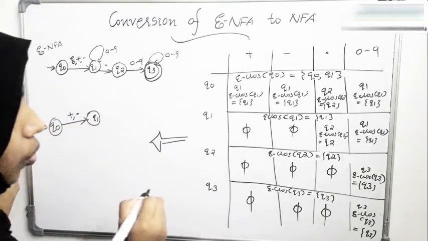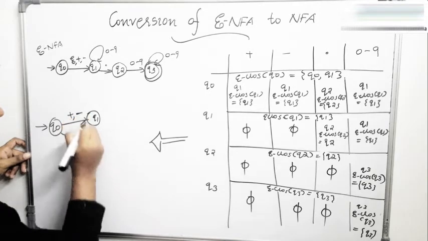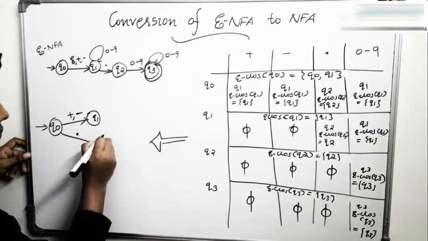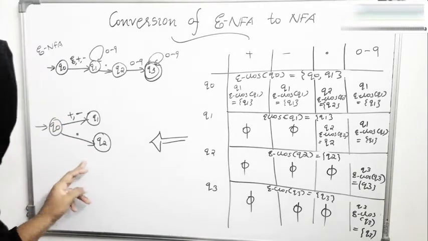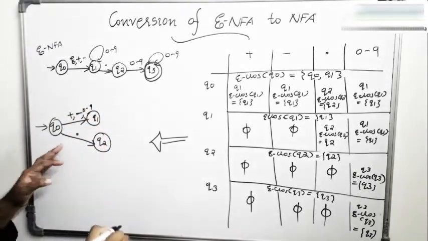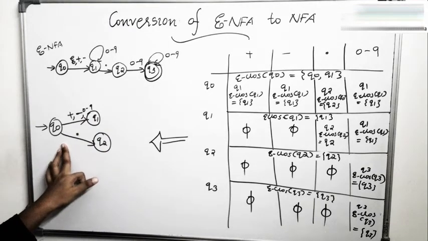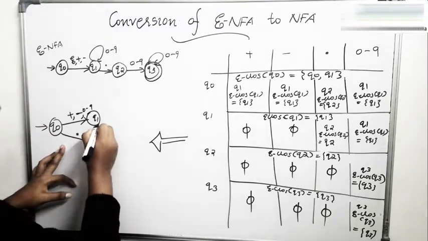From Q0 on dot you are going to Q2. From Q0 on 0 to 9 you are going to Q1. Now from Q1 on plus you're not going anywhere, on minus you're not going anywhere, on dot you are going to Q2.